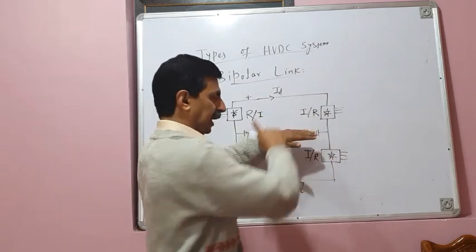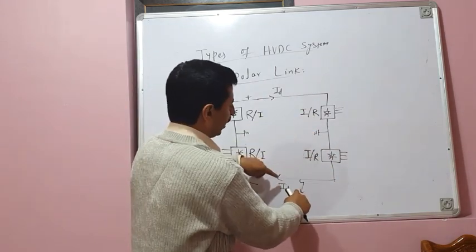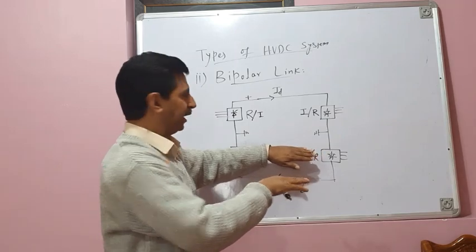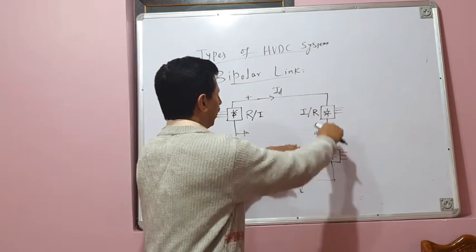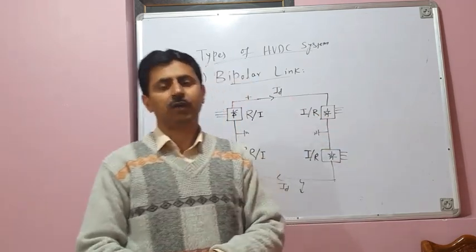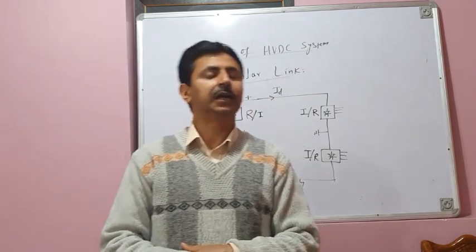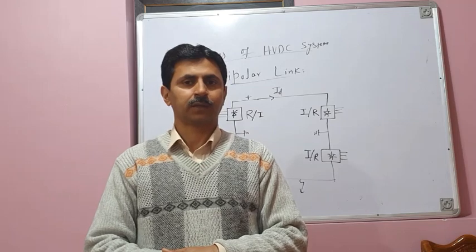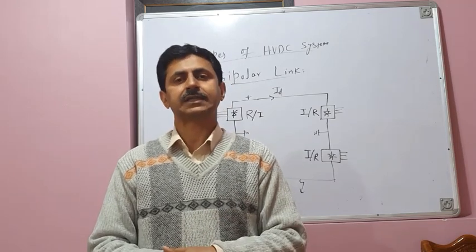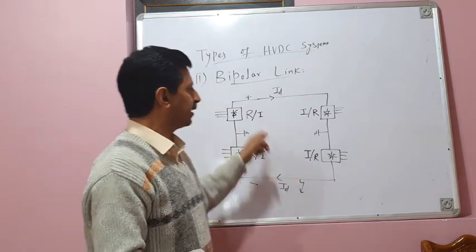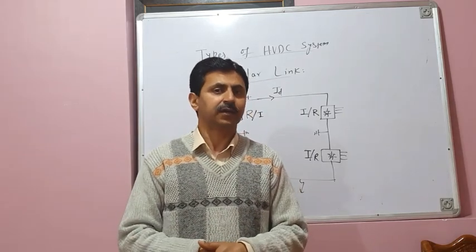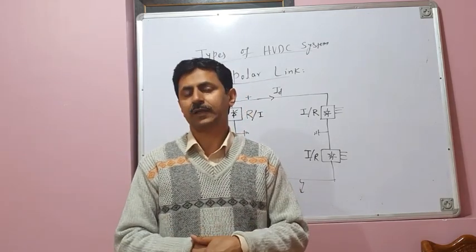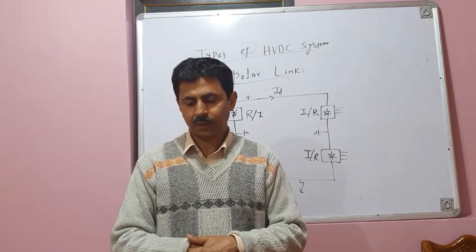It's a healthy pole, and this pole has developed a fault, so it is not operating. So this pole along with ground can be used for transmitting about half of the rated power on the system. Therefore, half of the power can still be transmitted with ground as the return path, and in that case, it works like a monopolar HVDC link.